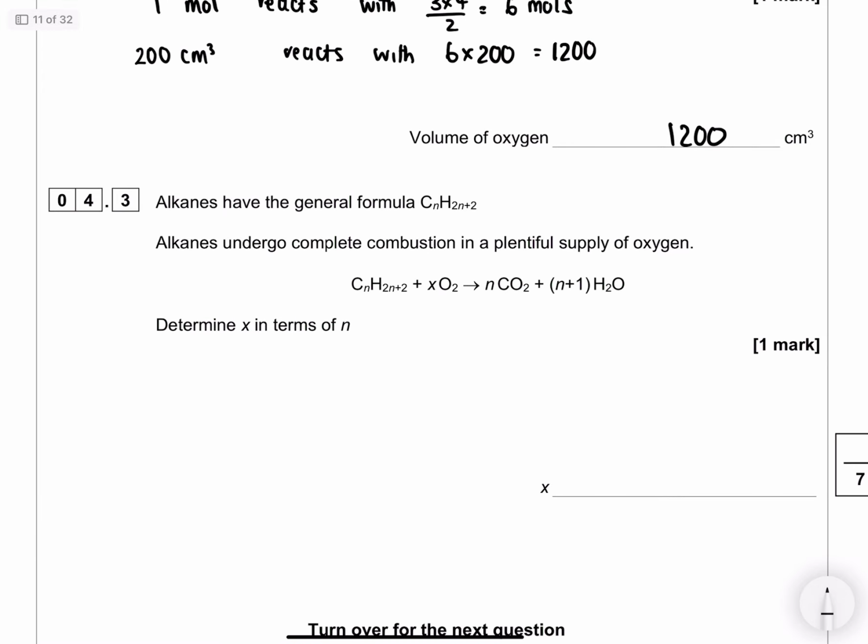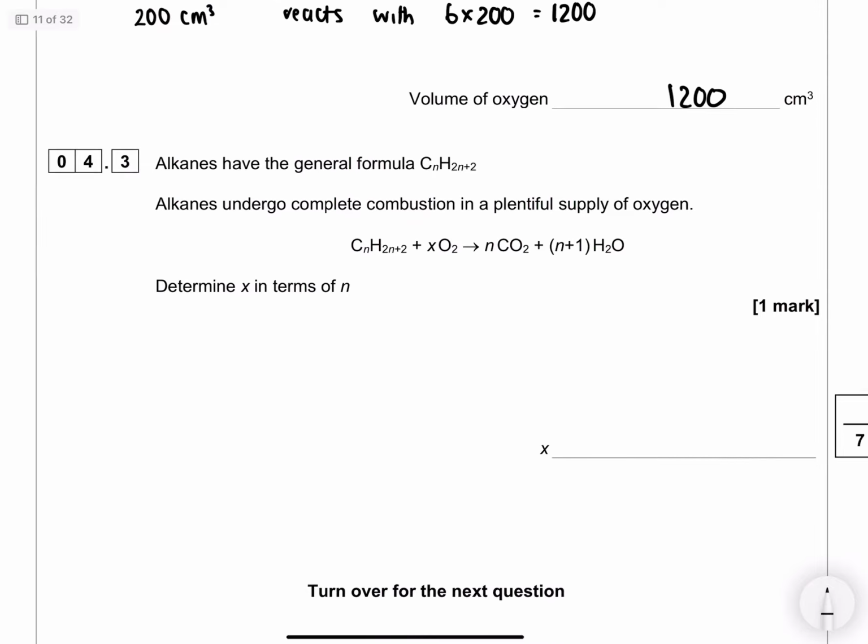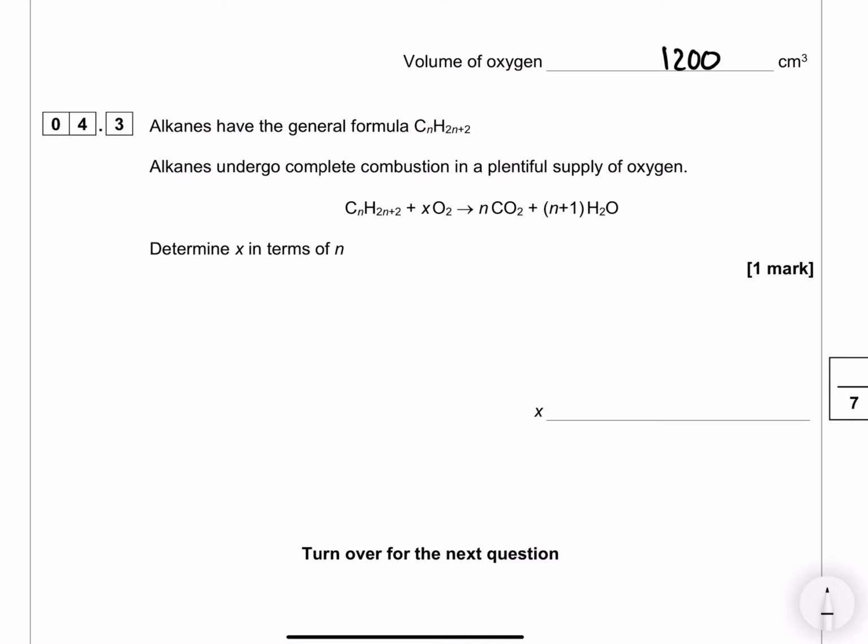Alkanes have the general formula CnH2n plus 2, and they have given us an equation for their complete combustion. It says determine x in terms of n. So if we look, x is the number of molecules of oxygen, but we can add up the number of oxygens here. So we've got 2n in the CO2, and then n plus 1 in the H2O, so that makes 3n plus 1.